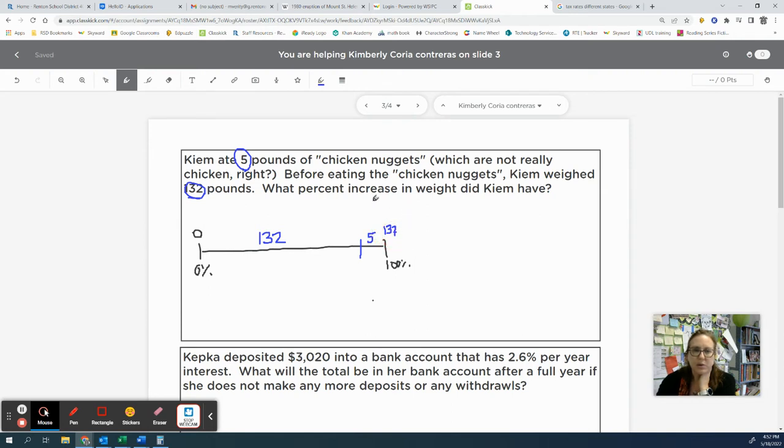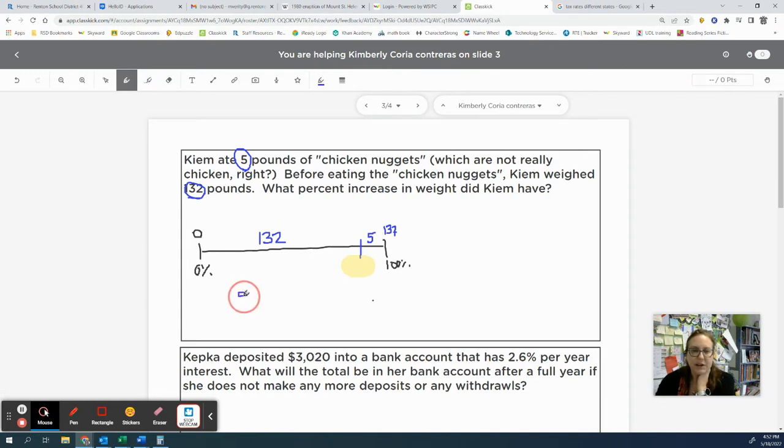We want to know what percent increase in weight Kim had. So we are missing the percent. And to find the percent, we take the part that's related to the percent. So are we going to take the part, the 132, or are we going to take the 5? We're going to take the 5.